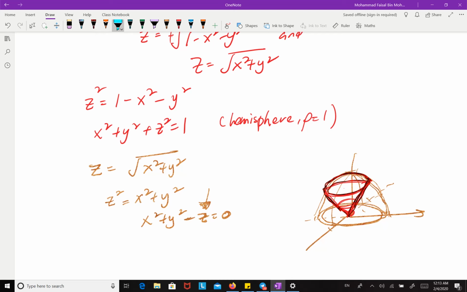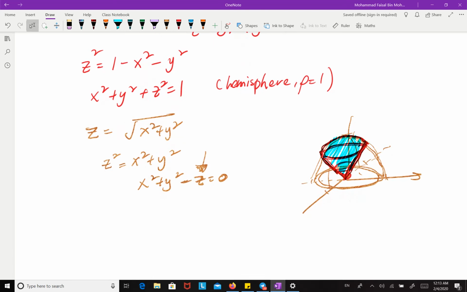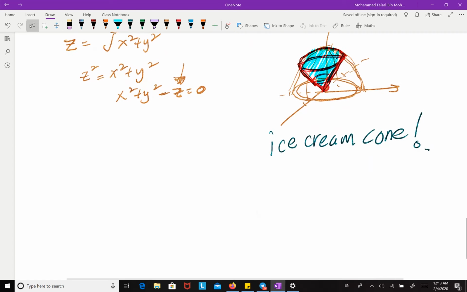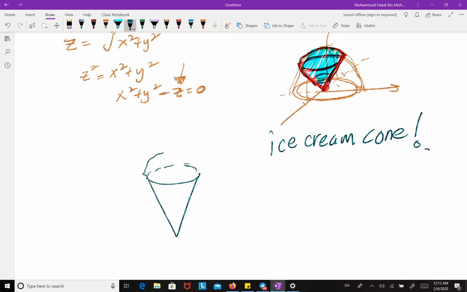So this is the region. You can see this as an ice cream cone. If I draw it separately, now we have a hemisphere.